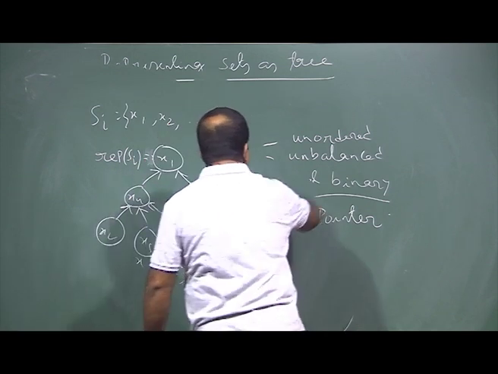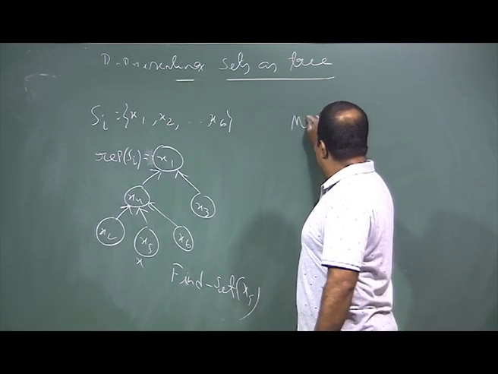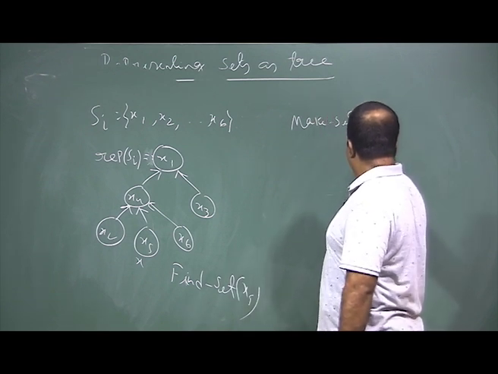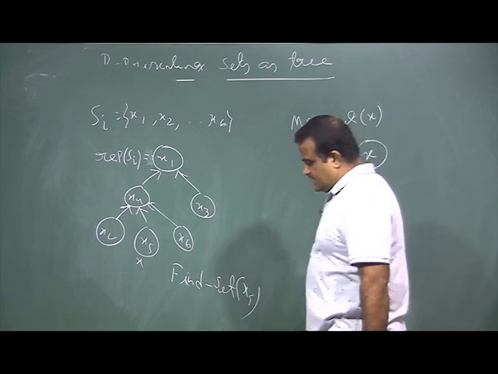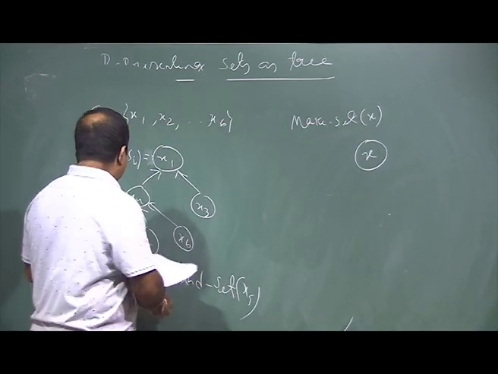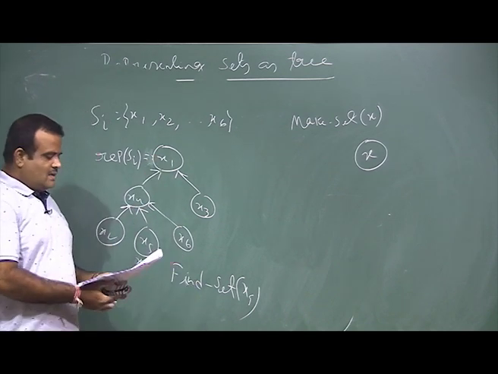Now, how do we perform these operations, like make set? Make set is easy: we just make a singleton tree, that is it. And then find set and union.